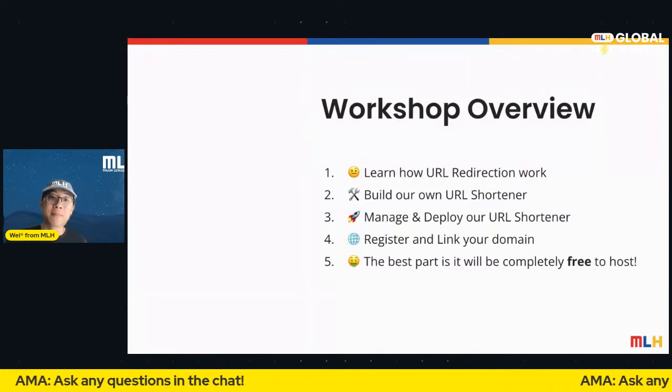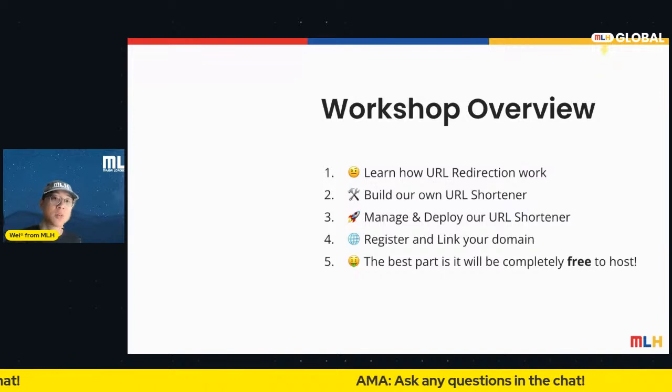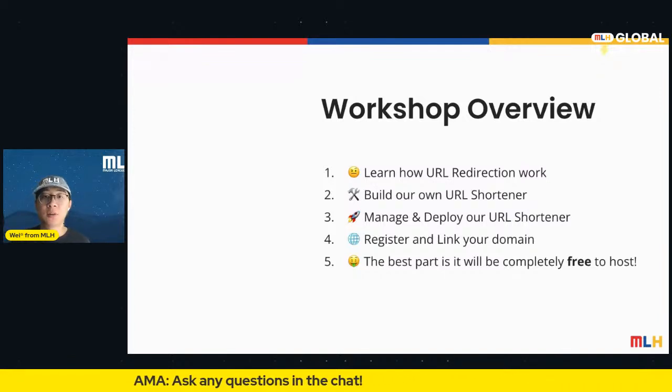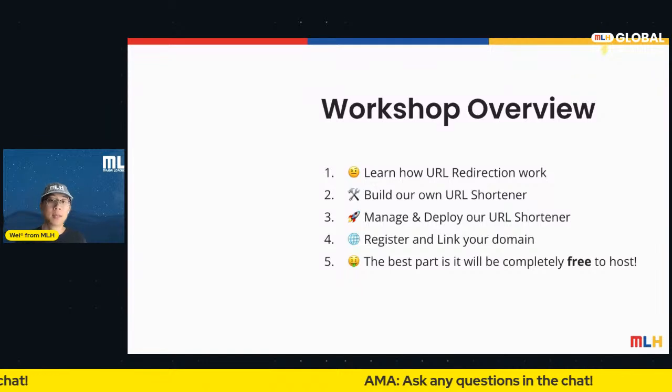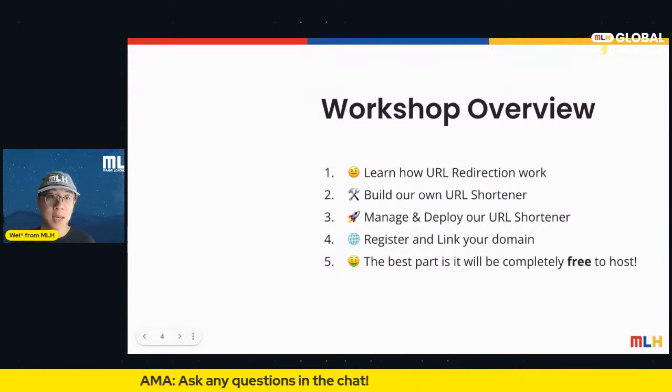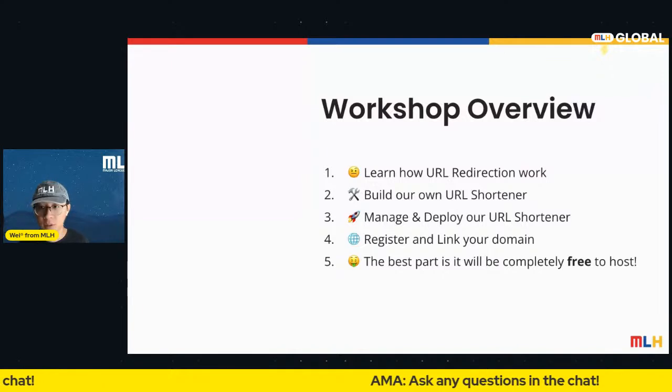We're going to learn about managing and deploying our URL shortener. And afterwards, if you haven't registered a GoDaddy domain already, we will register a domain name and link it to your URL shortener. And the best part is it will be completely free. All right, the hosting will be completely free, and the domain from GoDaddy is free for 1 year. So be sure to utilize those free resources.